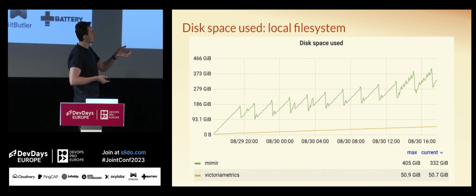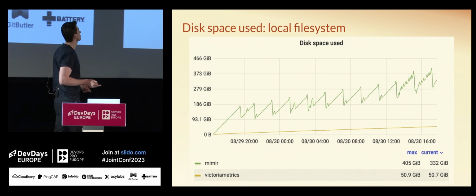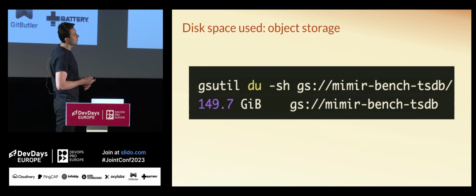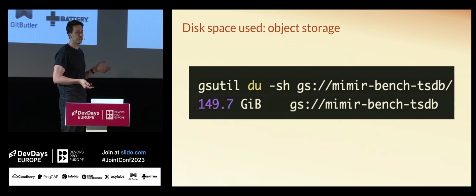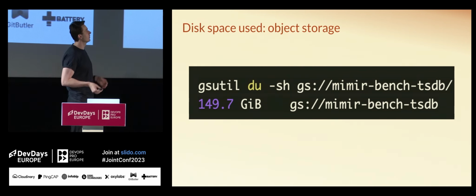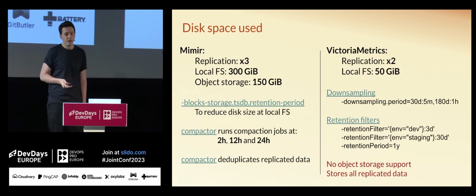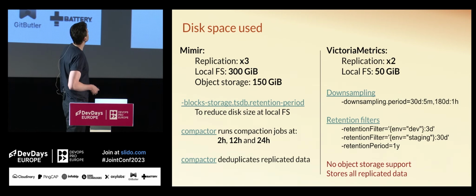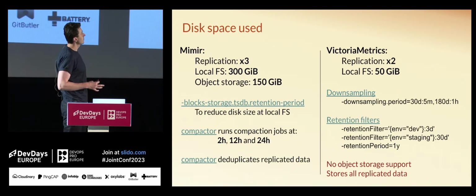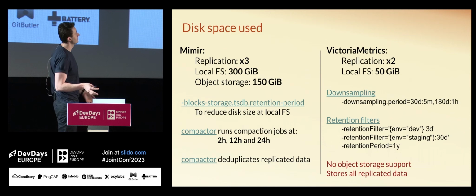So that was basically the disk space occupied by ingesters. And also Mimir uses object storage. For object storage, it was like plus 150 gigs uploaded to the S3 bucket. Oh, sorry, to the Google bucket. So in total, it was like 300 plus 150, and VictoriaMetrics was like 50 gigs.